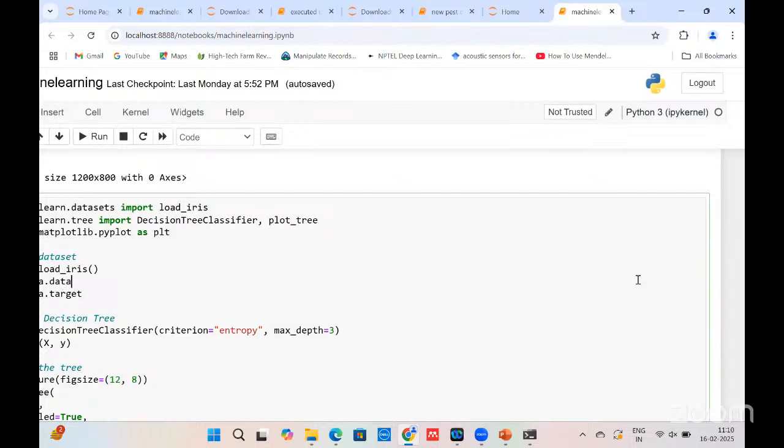In the previous slide, we have seen the different important parameters for a decision tree. The previous slide is the important parameters for the random forest.